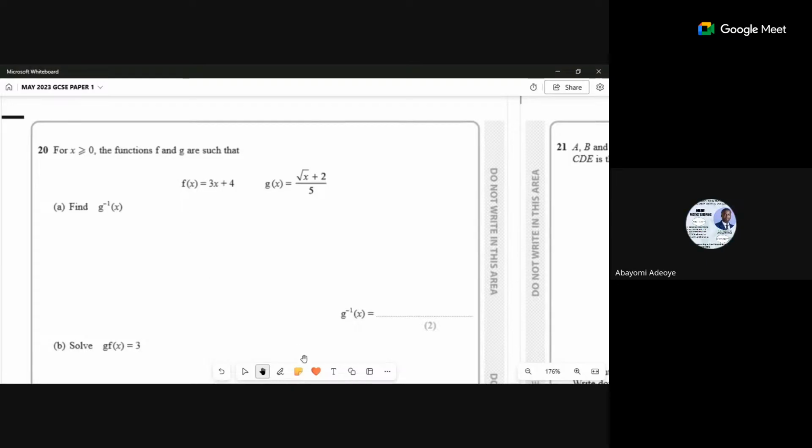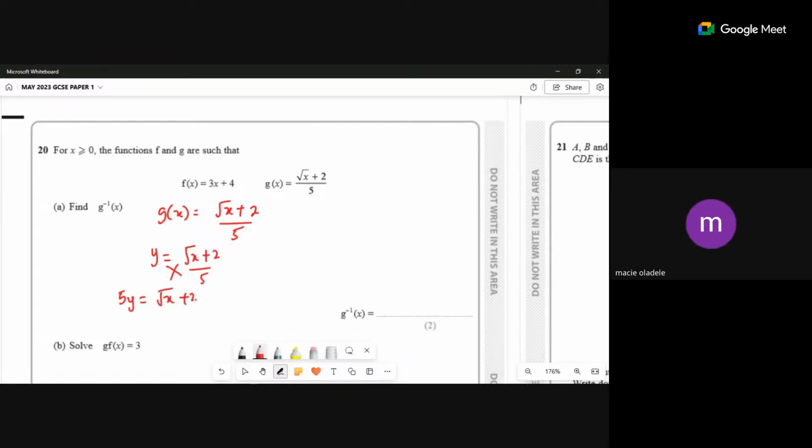All right. So for g inverse, g of x is what? It's x plus 2 all over 5. So in this case, for g inverse, you say y equals to what? It's x plus 2 over 5. So you make x the subject of the formula. You multiply, you have 5y equals to what?